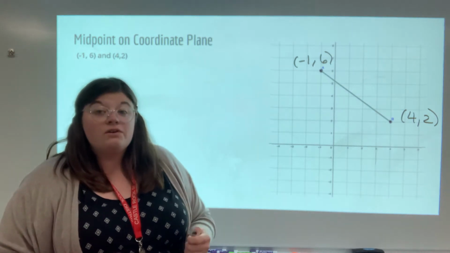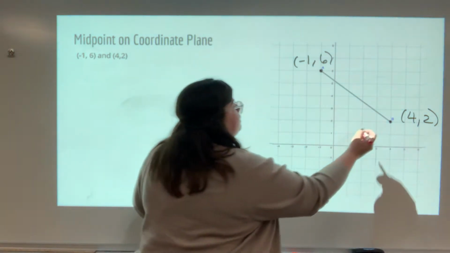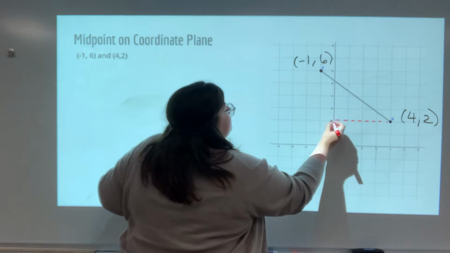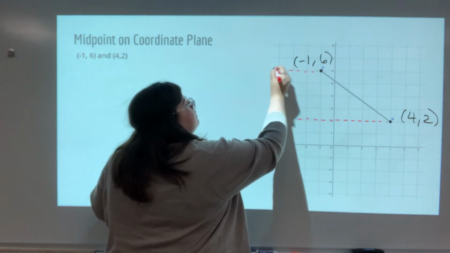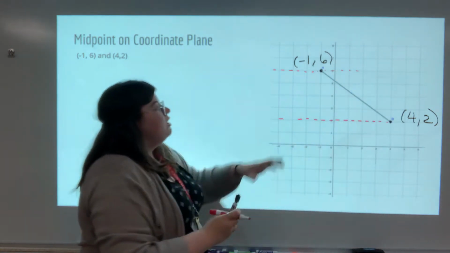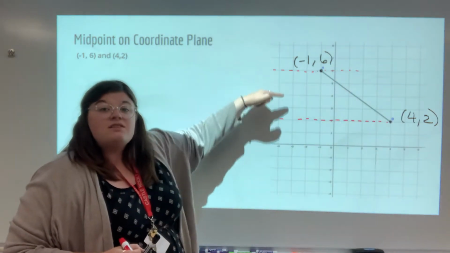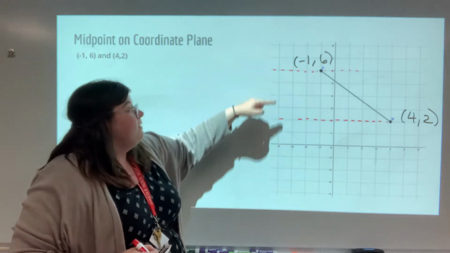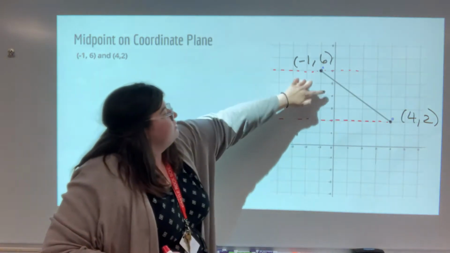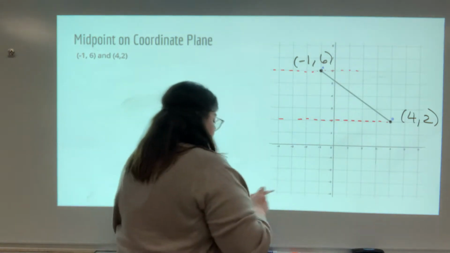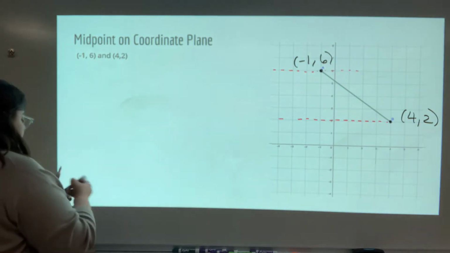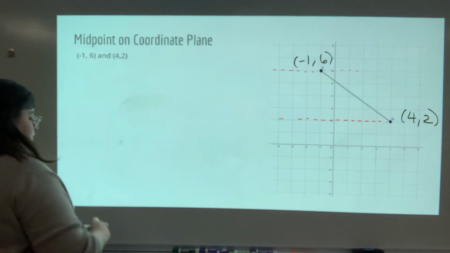So the vertical distance between these 2 points, let's just think about it like this. Right here, I'll finish up that line there, right? Looking between these 2 points, this is a vertical distance, okay? So we've got 1, 2, 3, 4 units, right? And there is a horizontal distance as well.